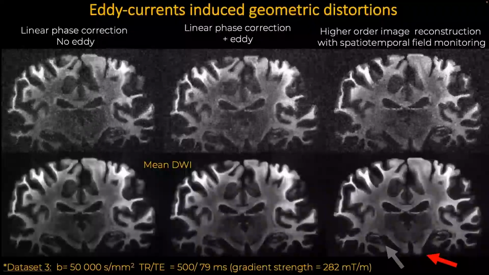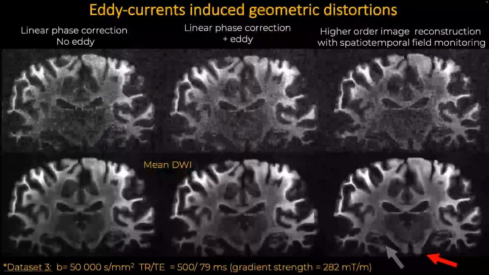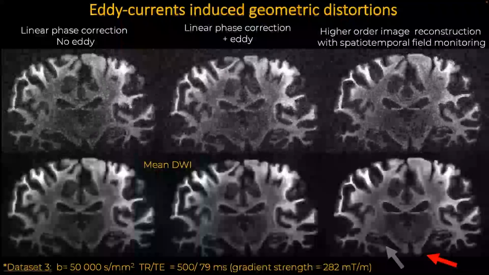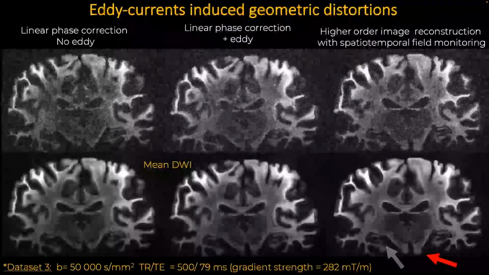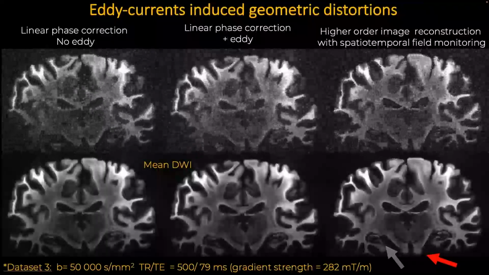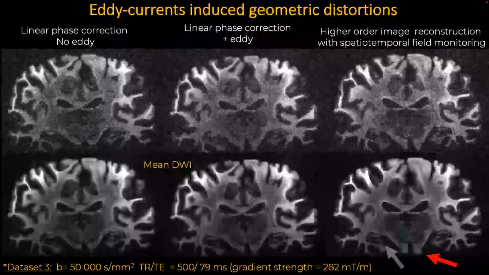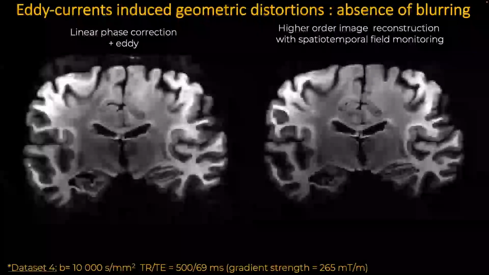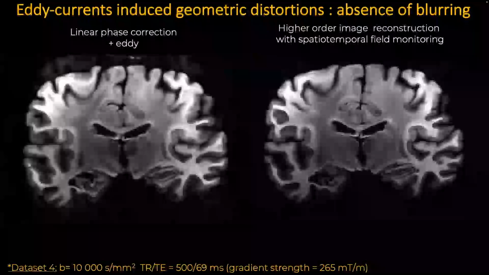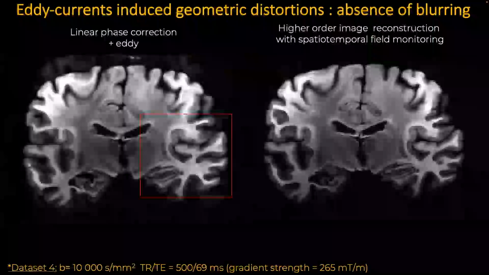Nevertheless, this registration is not always perfect, especially if we go to super high b-values like 50,000. And even in the case that the registration is accurate, it always leads to blurring in the reconstructed image. This is because the image registration always needs an interpolation, and no matter if it's cubic, this is going to blur the image substantially.